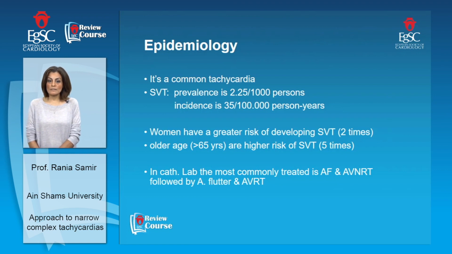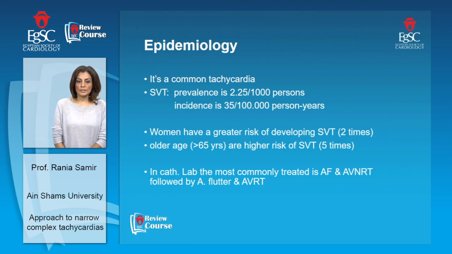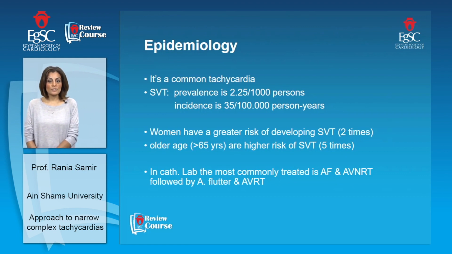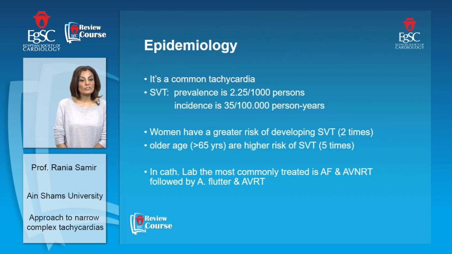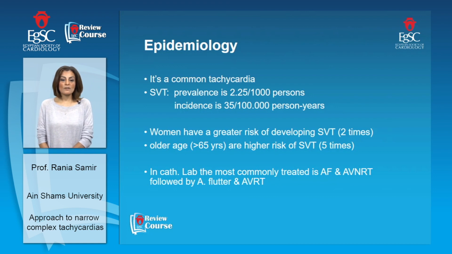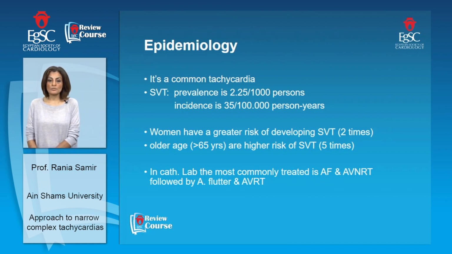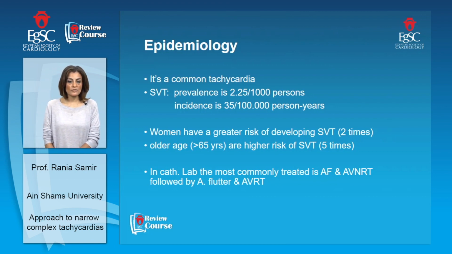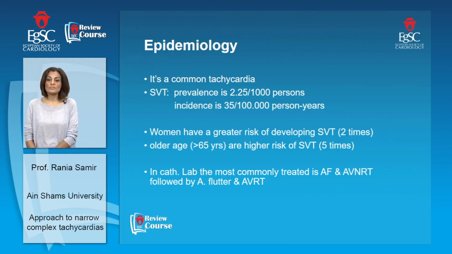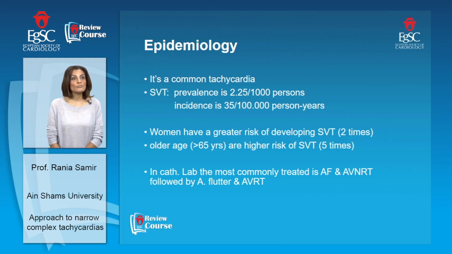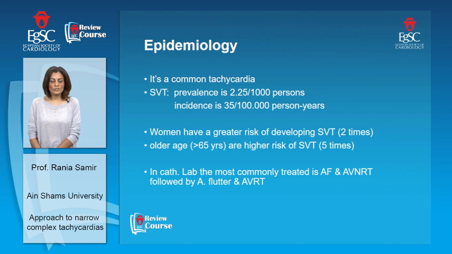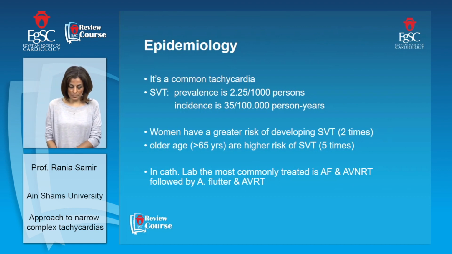Women and older adults are at greater risk of developing supraventricular tachycardia. In the cath lab, the most commonly encountered narrow-complex supraventricular tachycardias are atrial fibrillation and AV nodal reentrant tachycardia, followed by atrial flutter and AV reentrant tachycardia through an accessory pathway.